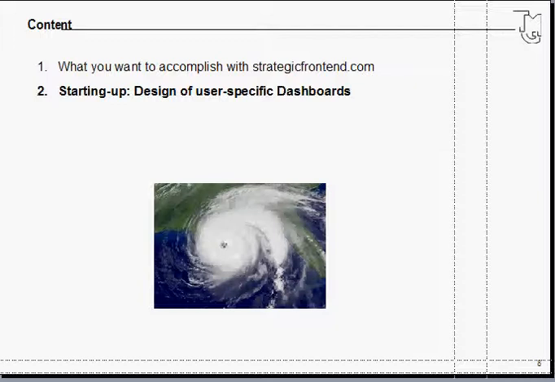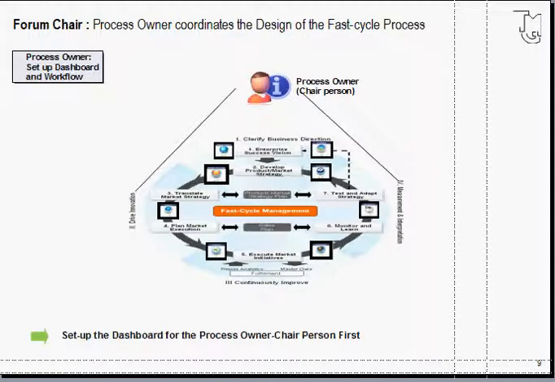So that means in order to start up, you have to design user-specific dashboards for every one of these management roles. For instance, if you look at the forum chair, which is the process owner and coordinates the design of all fast cycle process groups, it means he has to master all relevant and core apps in order to manage the full circle of this fast cycle management loop.